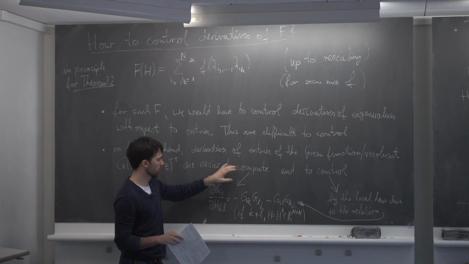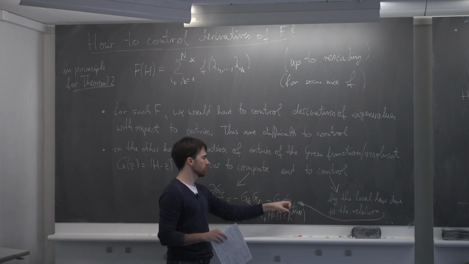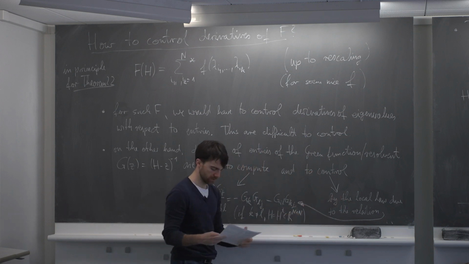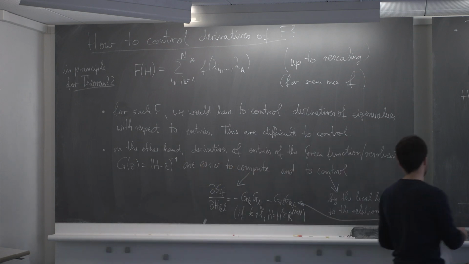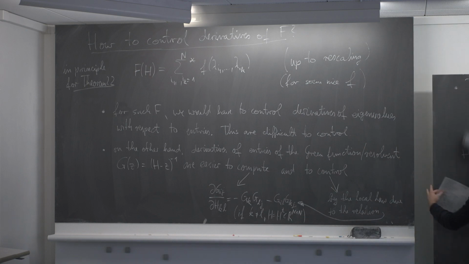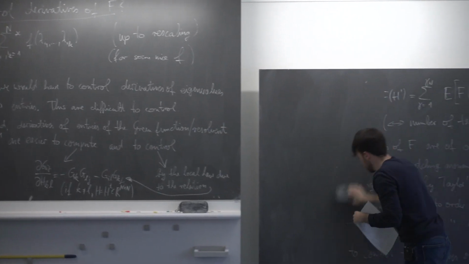It's twofold. It's easy to compute. If I compute such a derivative, I get back other entries of the resolvent, but those I can control because we have the local law, as we will see later. So that really speaks for using the resolvent, or the Green function, instead of these f's where we have to compute complicated derivatives.